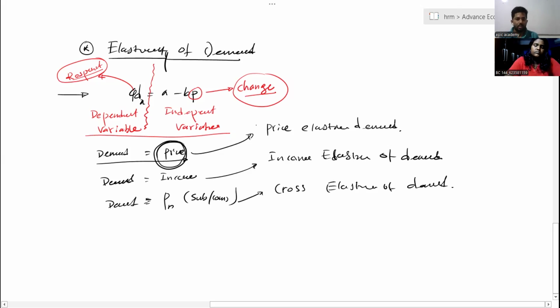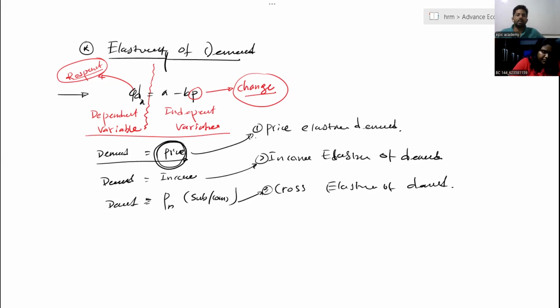Those are the three major categories related to elasticity of demand: price elasticity of demand, income elasticity of demand, cross elasticity of demand.